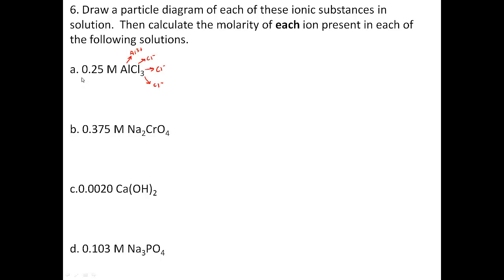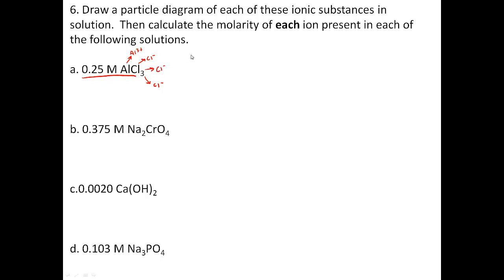So this concentration refers to the whole group of ions before they break up. Hence, you've got to multiply the ratio of the ions by the concentration if you want the concentration of each individual ion. For example, I've got 1 aluminum per aluminum chloride.